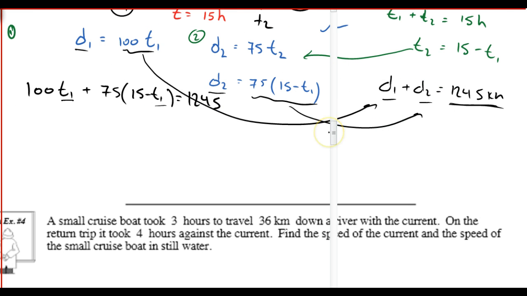First distribute: 100 T1 plus 75 times 15, which is 1125, minus 75 T1 equals 1245.